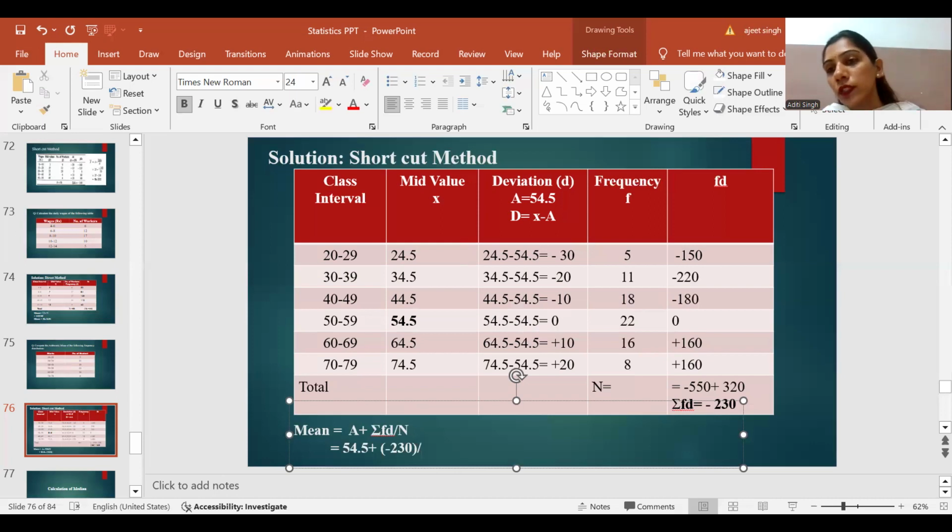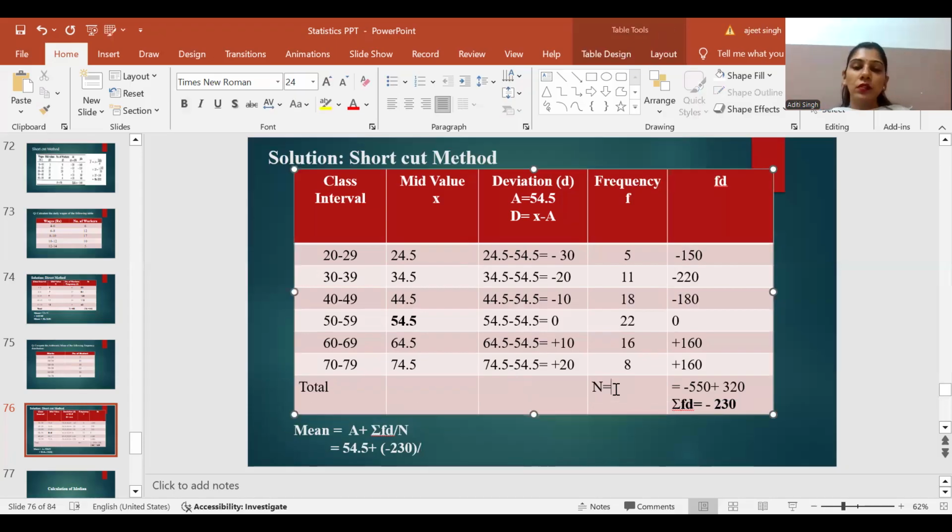So what is the total number of students? What is the frequency? So n is the sum of total number of items, means the sum of total number of students, as the frequency in this question tells us the total number of students.